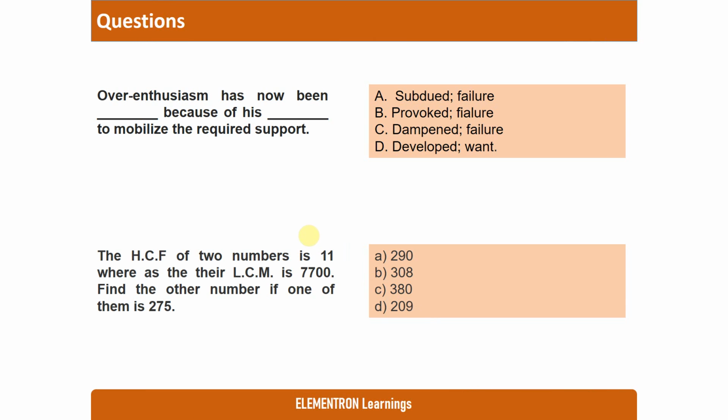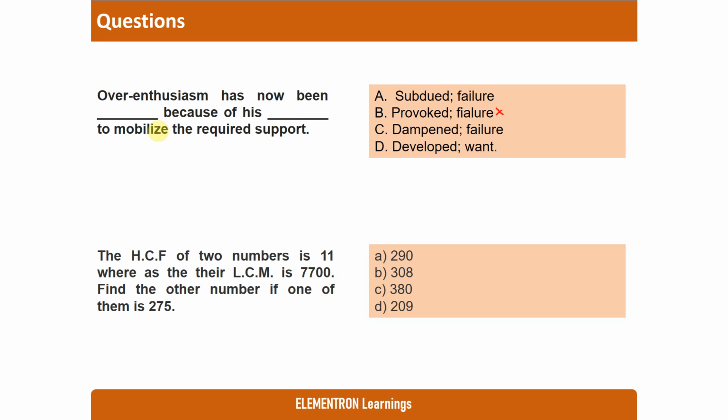Then we have some questions using the cloze test. Over enthusiasm has now been dash because of his dash to mobilize the required support. If you substitute the options and check provoked failure, you can see the mistake. So this cannot be our correct answer.